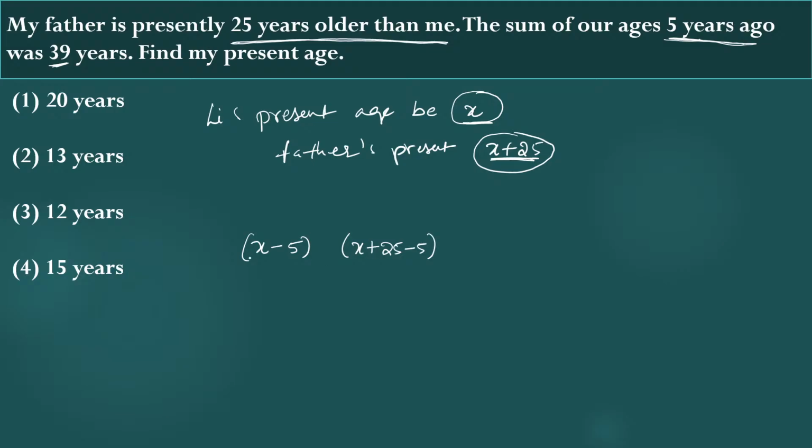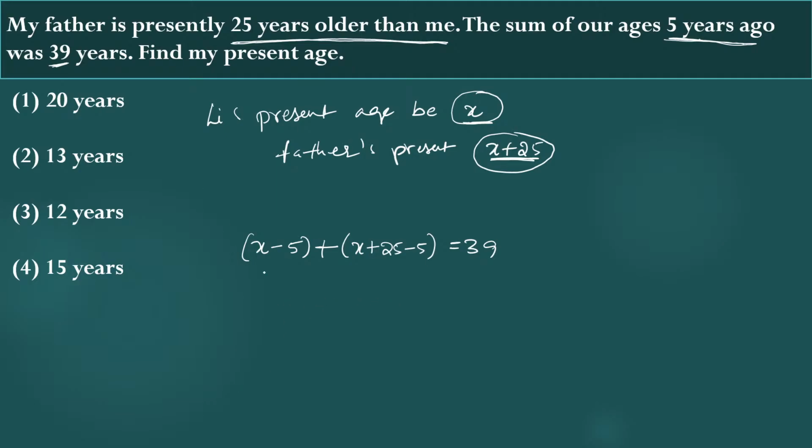So the sum of my age and my father's age 5 years ago is 39 years. So we get x minus 5 plus x plus 20. We can simply write it like this.